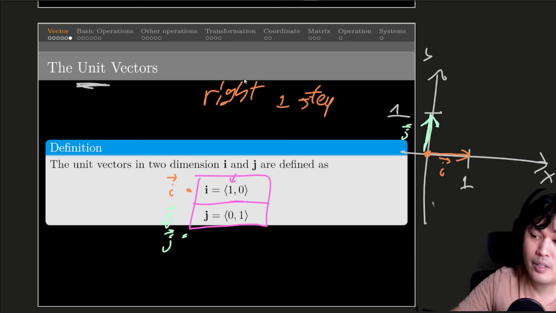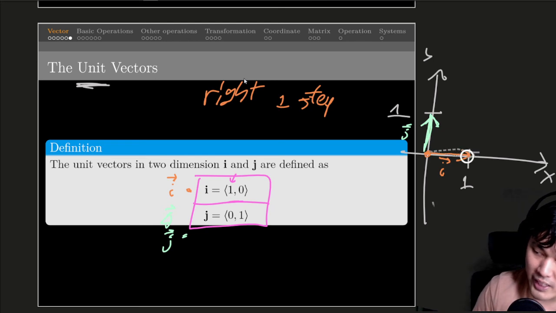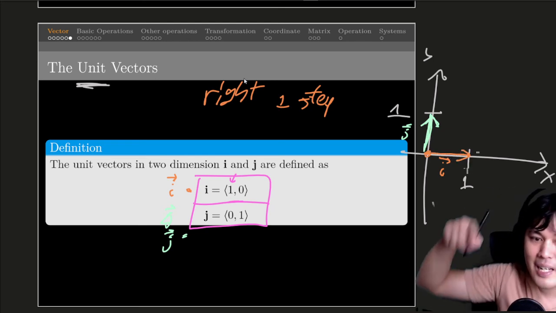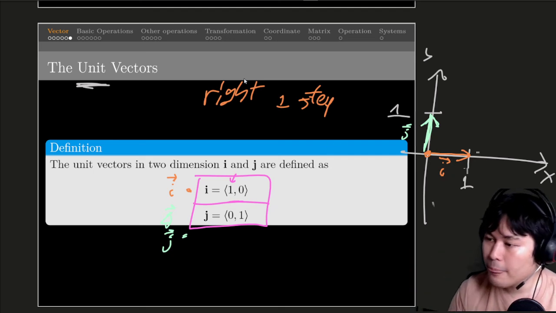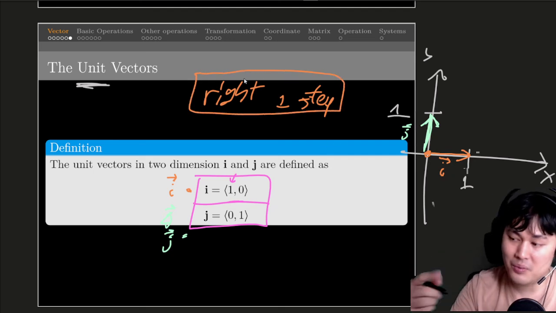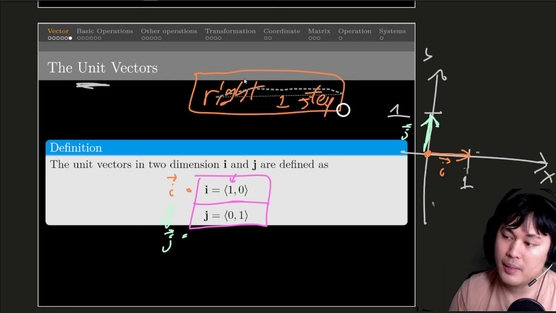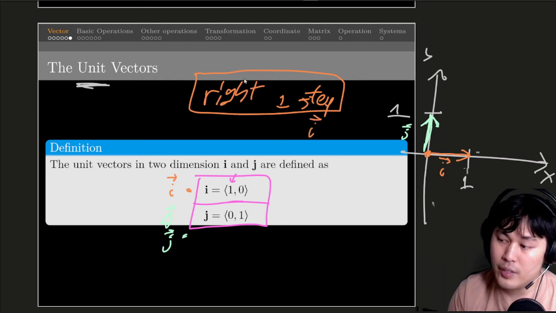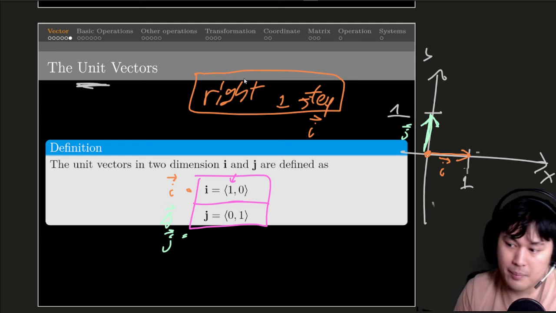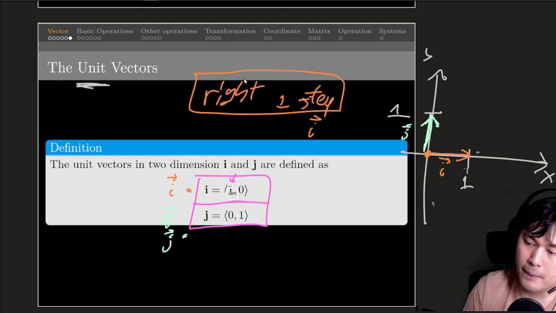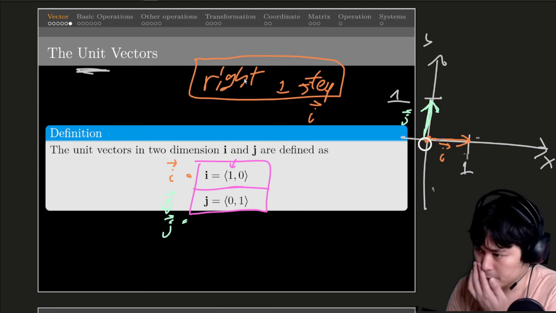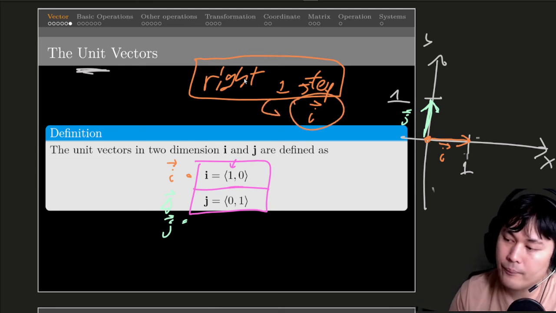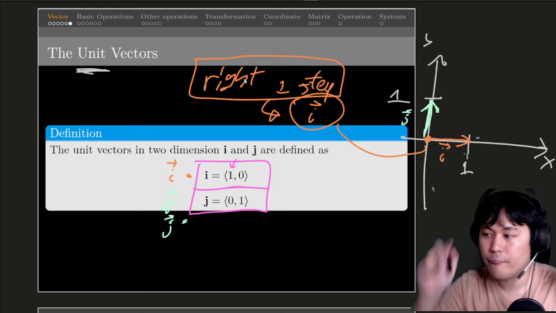What do you mean by moving right one step? Do you mean you move to the next tick mark on the line, or do you move one unit? So we make sure we have the same definition. This vector i means you move to the position x equals 1 and y equals 0. And so we have the same notation for moving one step to the right.